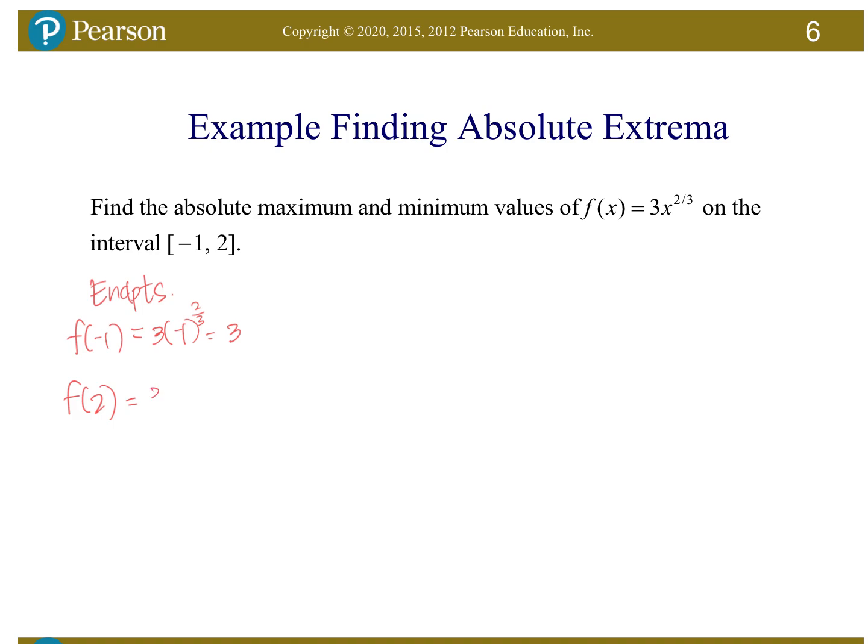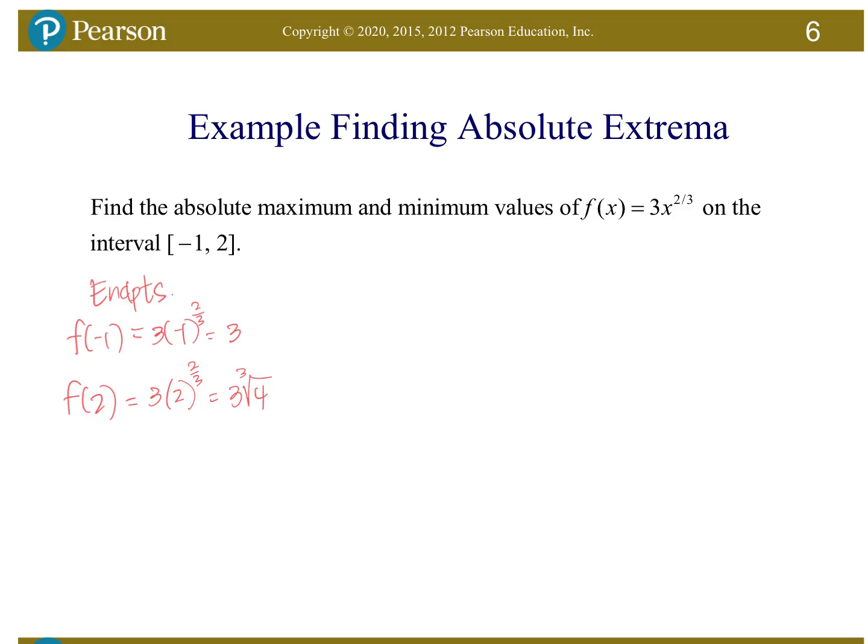And 3 times 2 to the 2/3 is the cube root of 2 squared, so that'll be 3 times the cube root of 4. Between those two, one of them is smaller than the other. So those are our candidates so far.